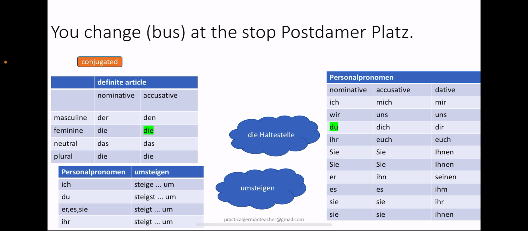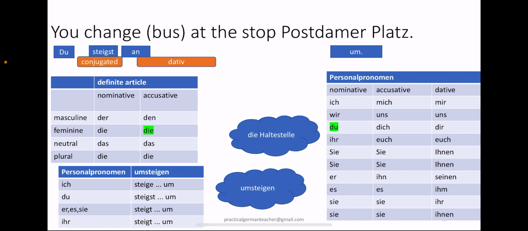So you start writing the sentence. At the second position you have the verb, which must be conjugated with respect to the subject, which is du. So du steigst. At the last position you will have the prefix of the verb, so um. Then the correct preposition over here is an. What comes after here must be in dative case, so Haltestelle.